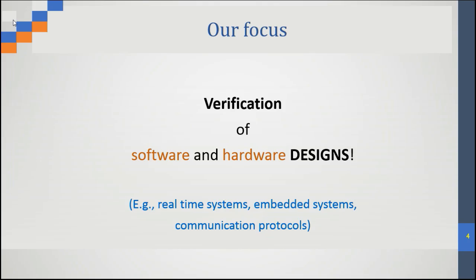After you design your software or hardware, you need to check whether it meets the specification that was developed in the elicitation step. So this course can help to verify either your software or your design.